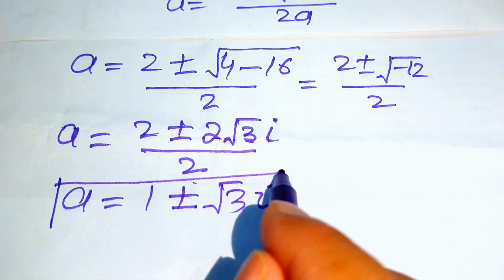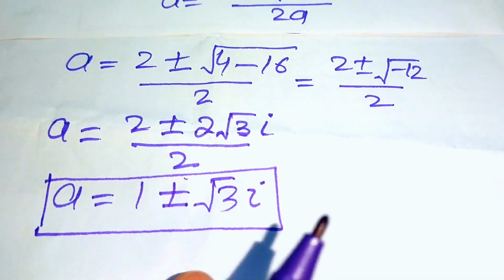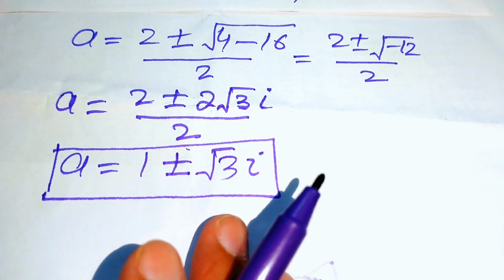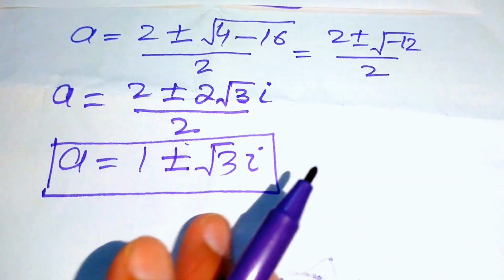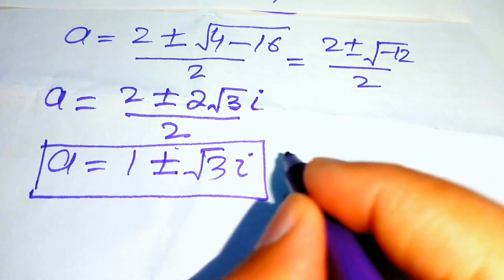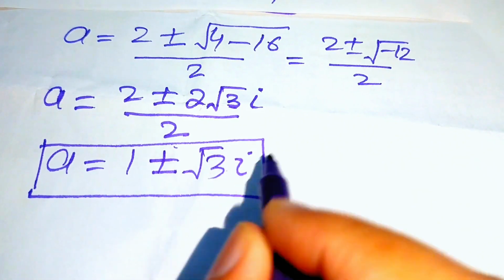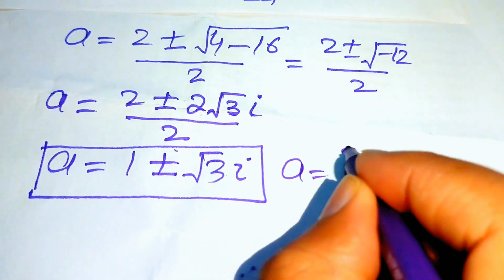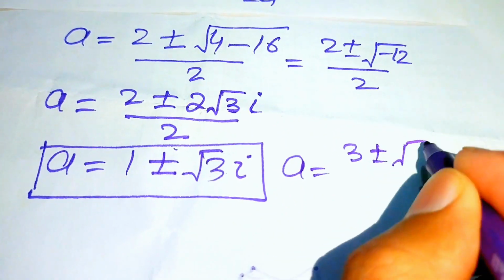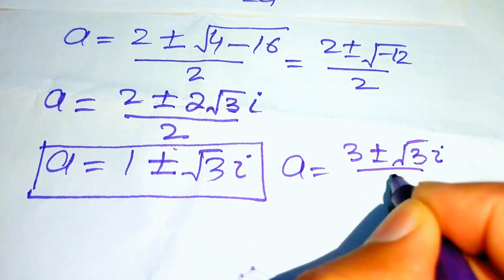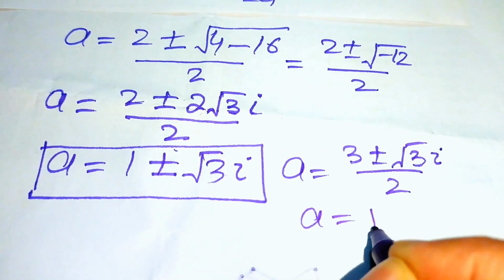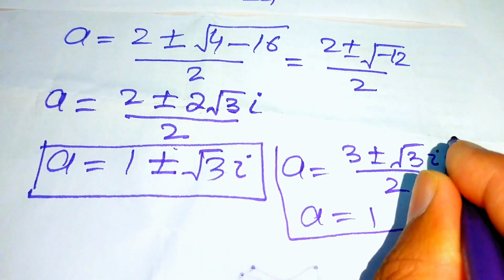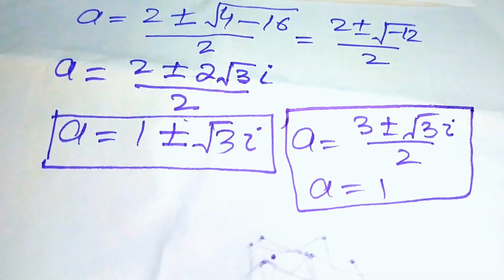So these are the other two complex roots of the given equation, and finally we have the 5 roots of the given equation, and these 5 roots are a equals to 1 plus minus square root 3 iota, and a equals to 3 plus minus square root of 3 iota by 2, and a equals to 1. So these are the other 3 roots of the given equation, and this is the final answer.